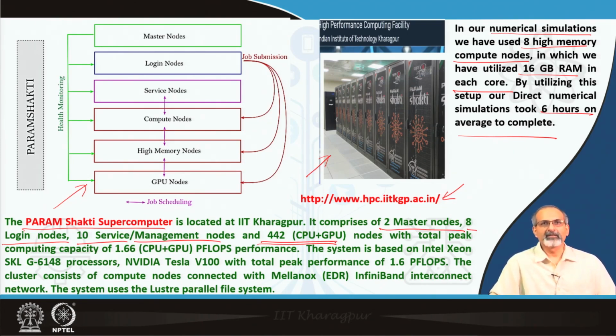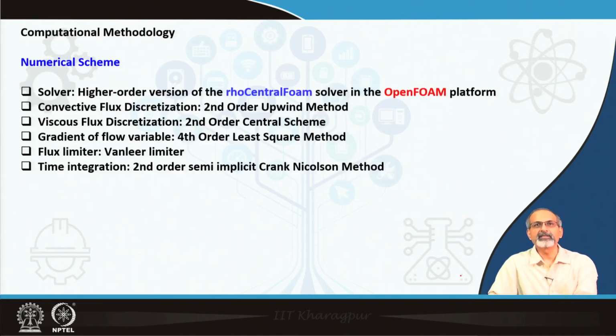It is based on Intel Xeon processors, NVIDIA Tesla V100, with, as I said earlier, peak performance of about 1.6 petaflops. It has InfiniBand interconnect, and it is based on Lustre parallel file system. A little bit about the HPC facilities, and then we move on.